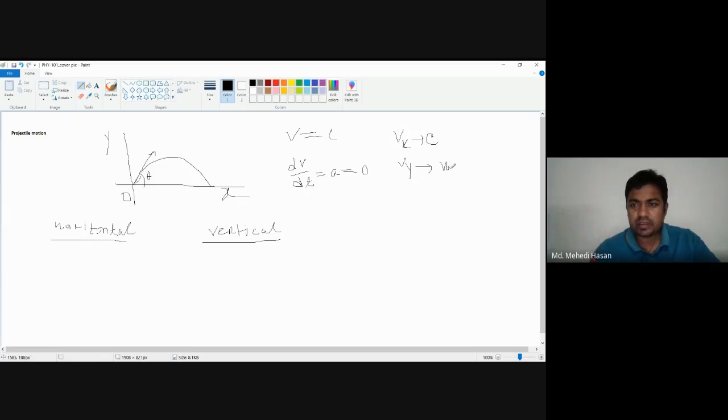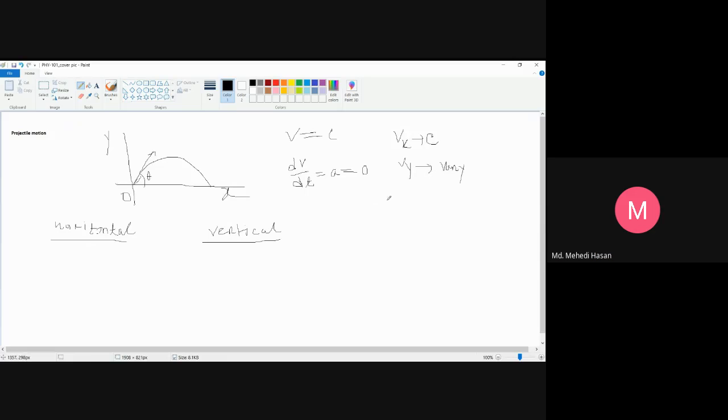Vy will vary, because if we throw an object upward, there will be an acceleration called acceleration due to gravity. So the acceleration along the x-axis, ax, is 0, and the acceleration along the y-axis is the acceleration due to gravity, g. This acceleration is downward, so we consider a negative sign. So ay is minus g. This is the basic concept.